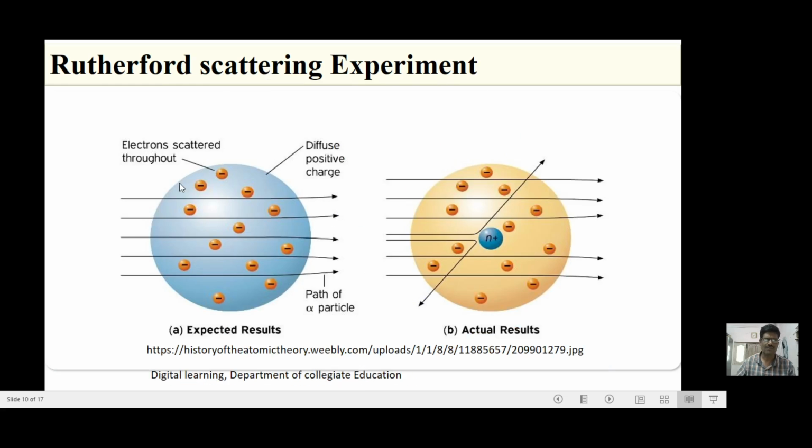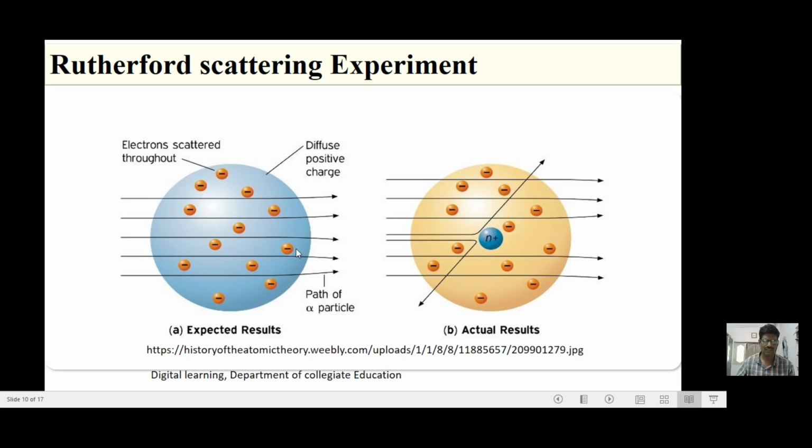Rutherford scattering experiments. These are the electrons surrounded by the nucleus. So these are the expected results.